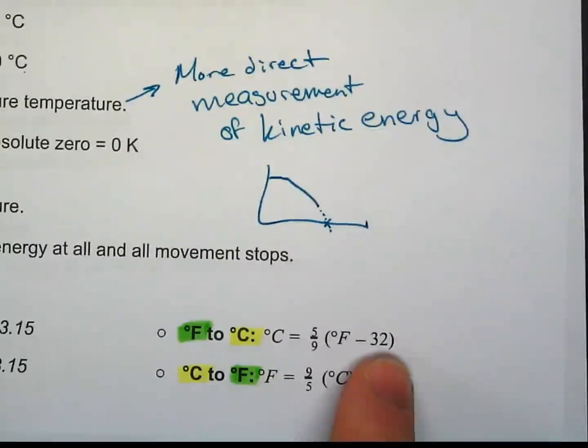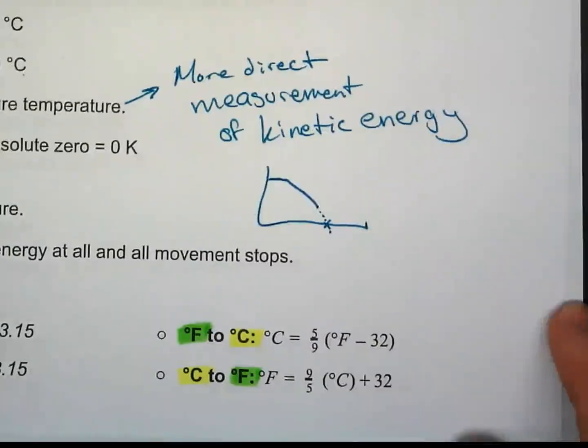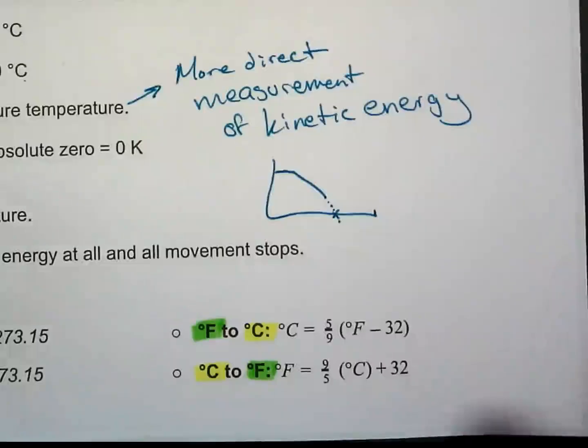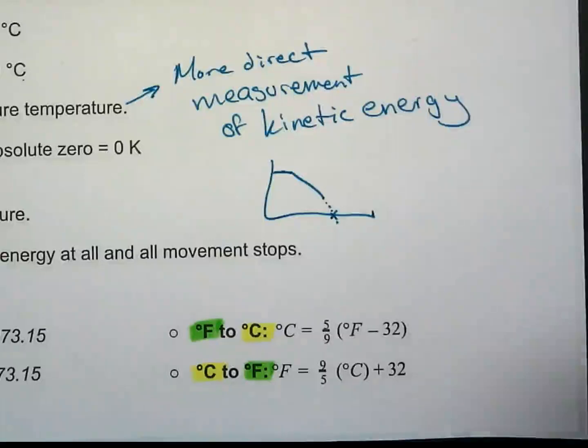The best way that I think of this, when I practice this, if I forget for a split second which one's which, is that the 5/9 is a smaller ratio. We're also subtracting 32.